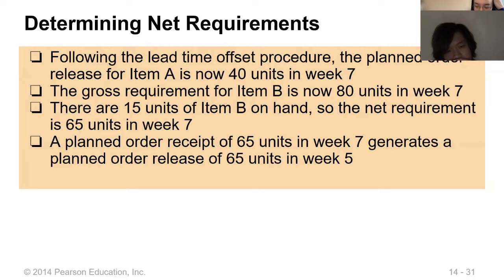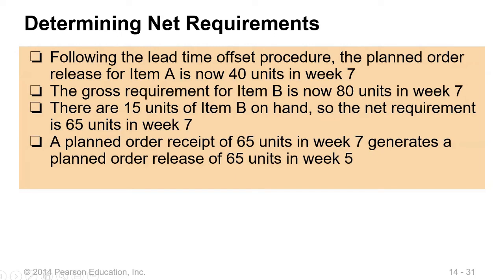We find the next item, which is actually item B. Okay, for item B, you will see that following the lead time offset procedure, the plan order release for item A is now 40 units in week 7. The gross requirement for item B is now 80 units in week 7. So no more 100 units, 80 only, 40 times 2.